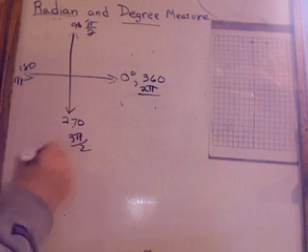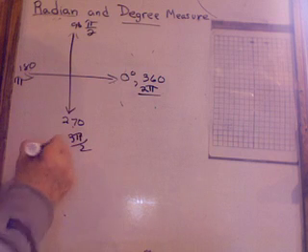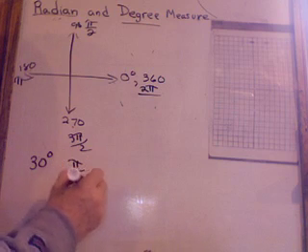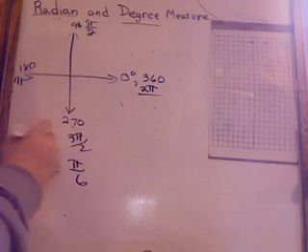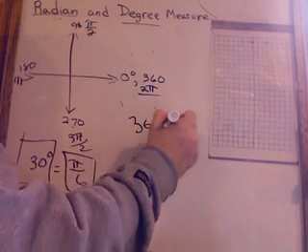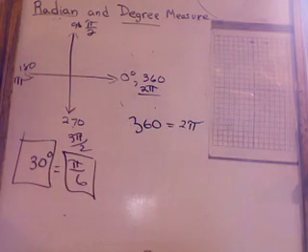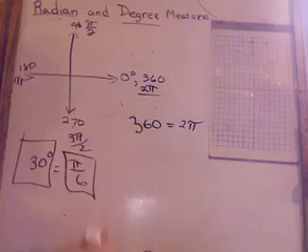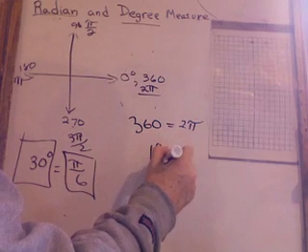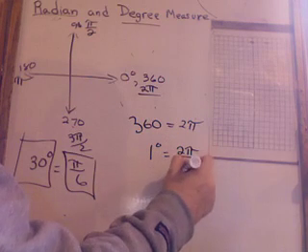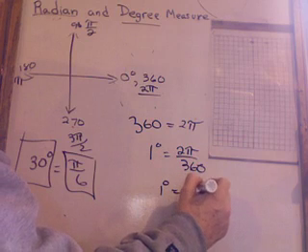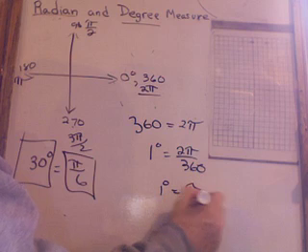Now, remember I told you 30 degrees was the same thing as pi over 6 in terms of radians. How do you get that? Well, since 360 equals 2 pi, you can solve this by dividing both sides by 360 and get 1 degree equals 2 pi over 360, or 1 degree equals pi over 180.